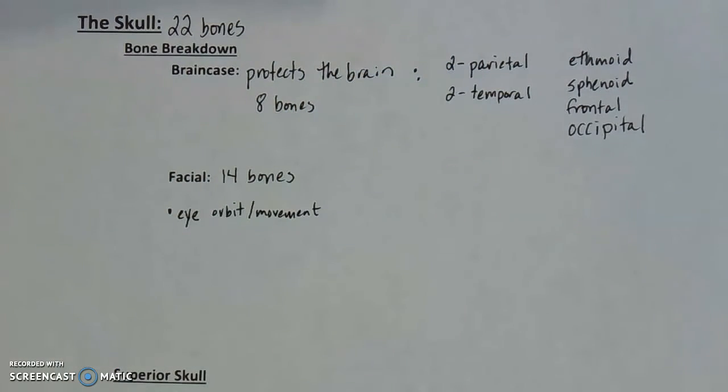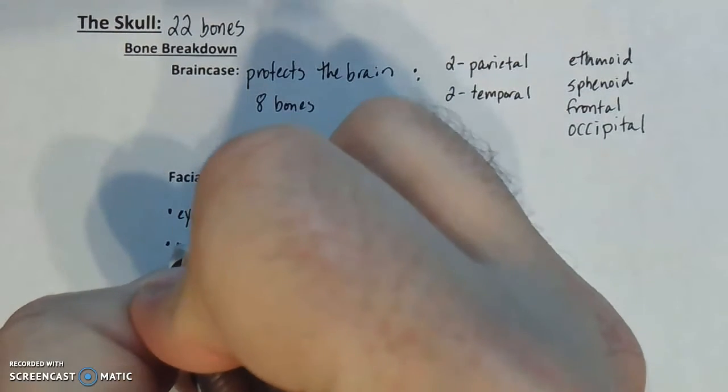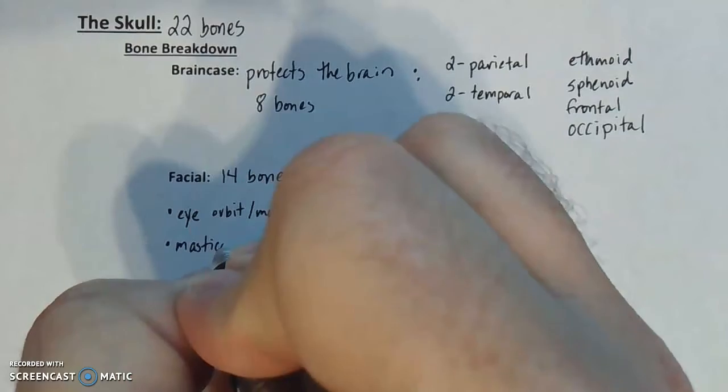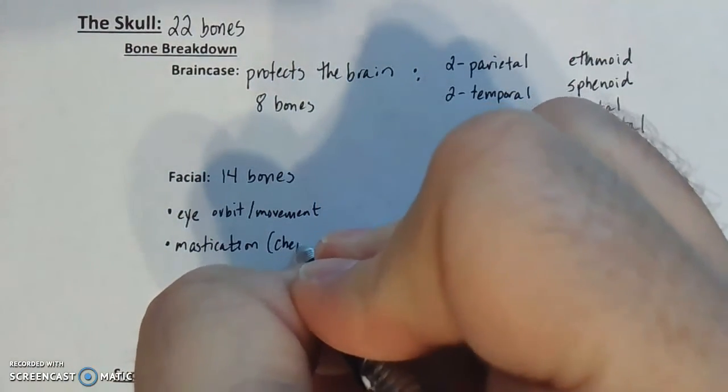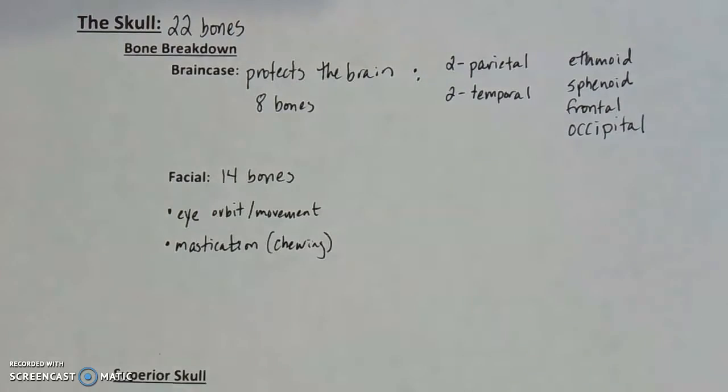So we have a lot of features in the eye that allow us to have muscles that move the eye. Mastication, which is a fancy word for chewing. So mastication is the technical or more proper name for chewing.